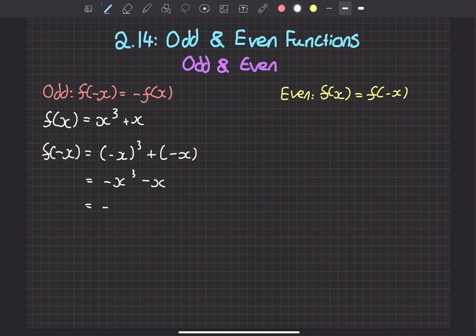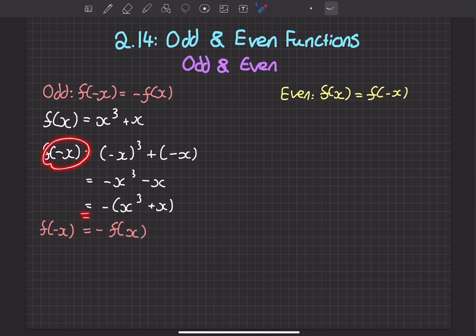And if we factorize out the minus, we'll have this, right? So you can bring in the minus, it becomes minus x cubed minus x, which is this. And what you'll notice is that this here is the same as this here, right? So you have function of minus x is equal to minus function of x. This here equals minus this. So that's an odd function. That's what they look like.